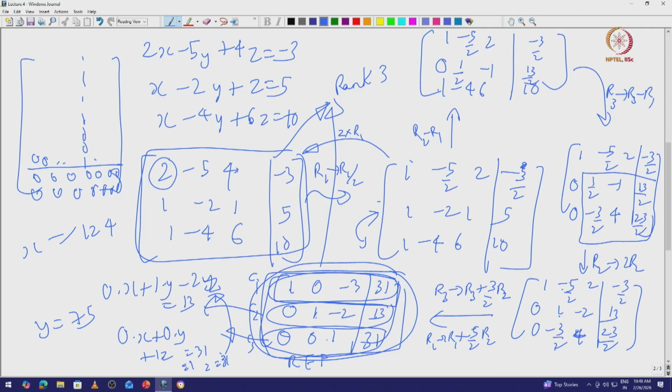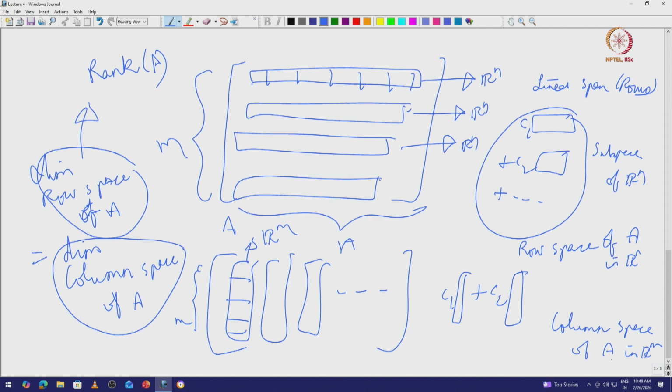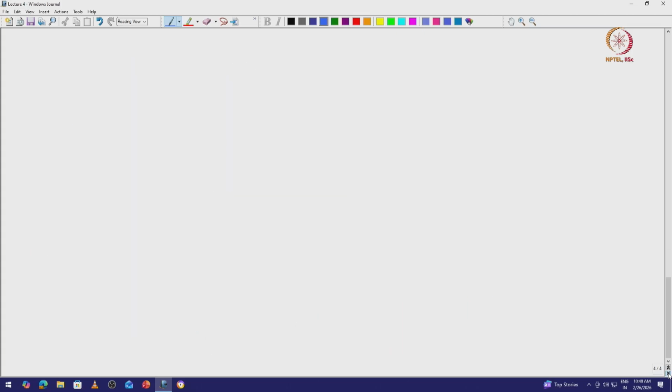So what is the rank of the matrix? You can easily read off the rank from the row echelon form. It's simply this number of rows. In other words, if you take the last few rows that contain only zeros and subtract them from the total number of rows, that is the rank of the matrix. Why is that so? Please think about it. It's for the same reason as this. So the row reduced echelon form is useful for calculating the rank of a matrix.